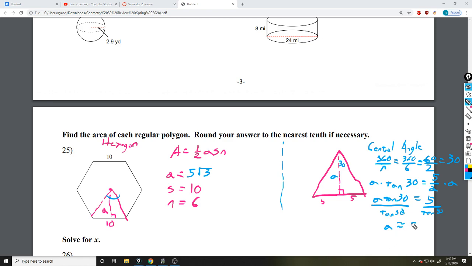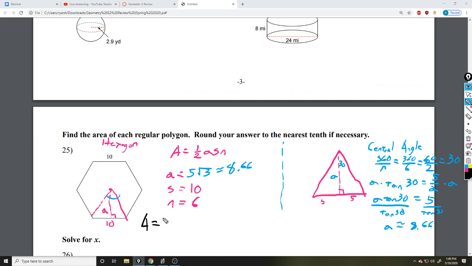That gives 8.66. And if you put 5 square root of 3 in the calculator, you'll find that it's the exact same number. Okay, but I'm going to go ahead and use 5 square root of 3 in my formula here.